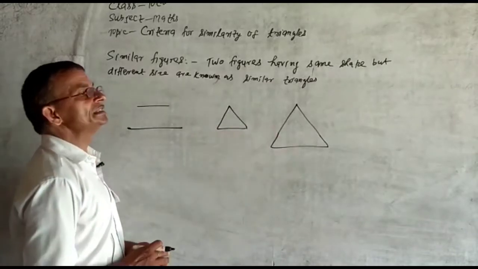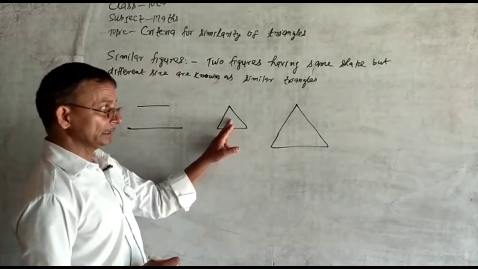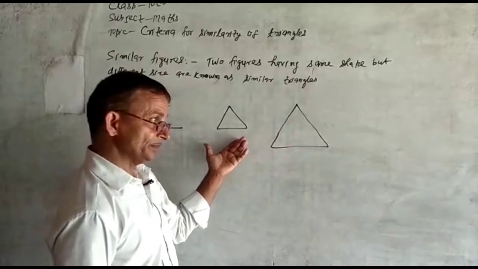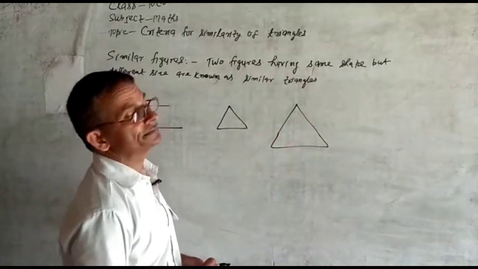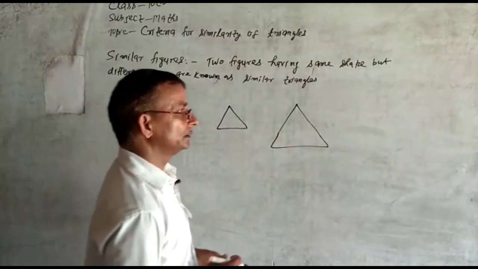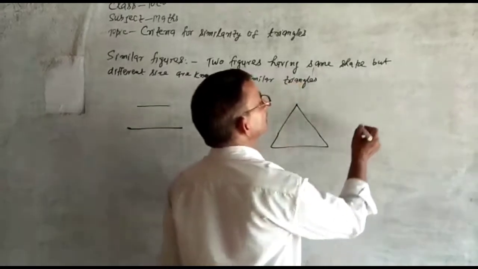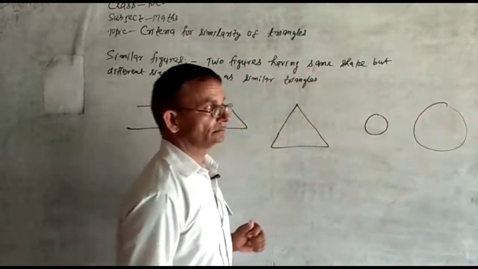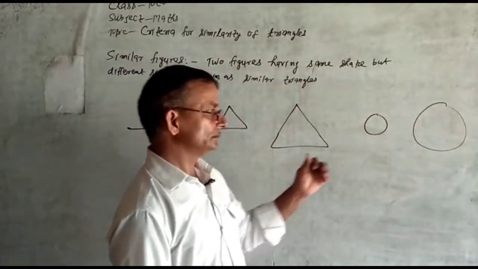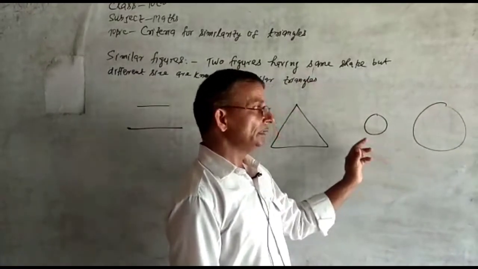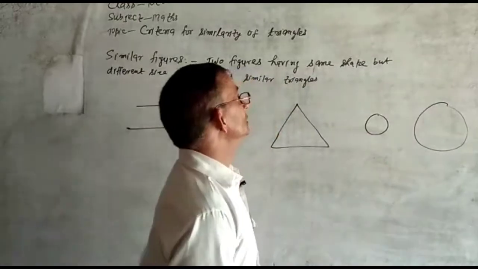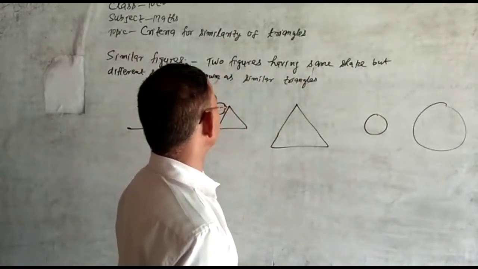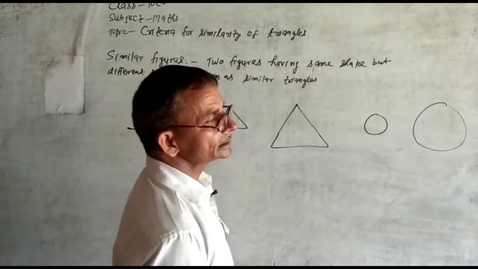But we see that one is smaller and the other is larger, so their size is different. Another example. This is a circle and this is also a circle. Here we see that the shape of both figures is the same, but their sizes are not the same.